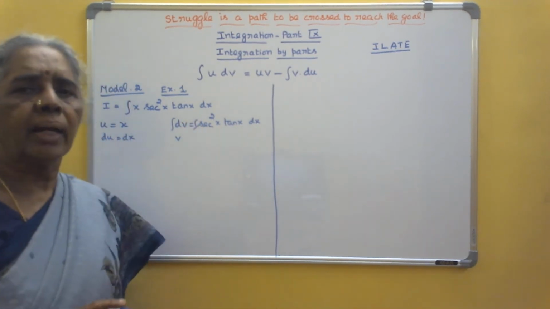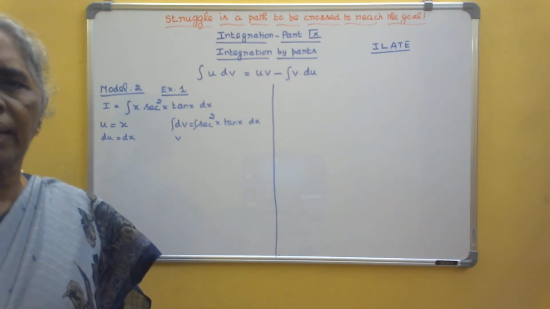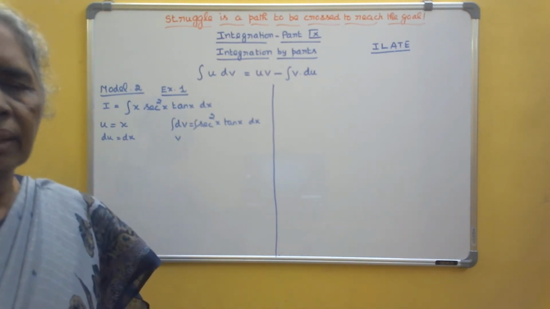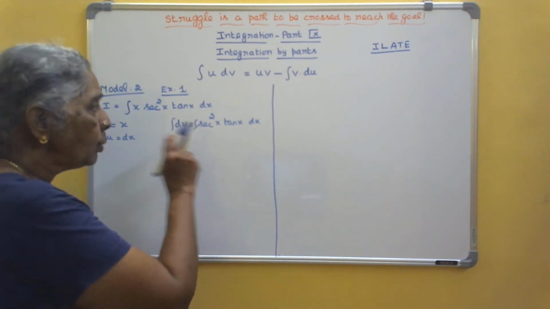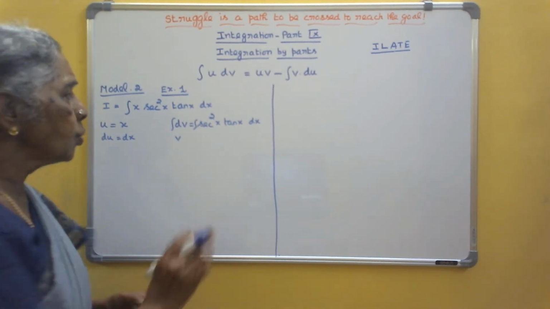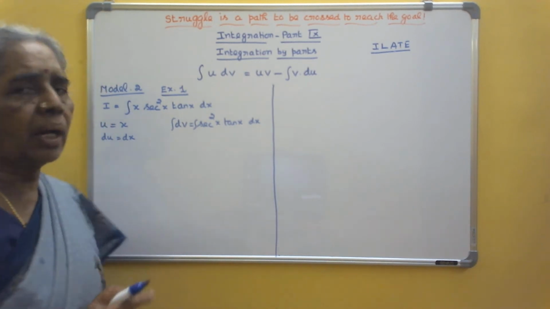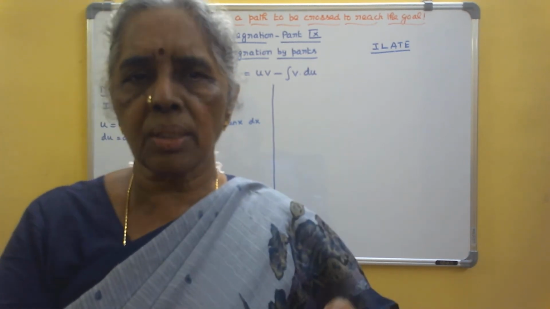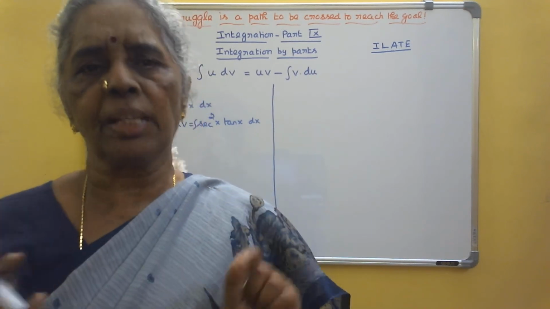But here, it is not that easy for us, isn't it? It is not a straight thing. So here, I have to use some method of integration to integrate. So first, I am not going to write v because I want to integrate both sides in a particular step only.